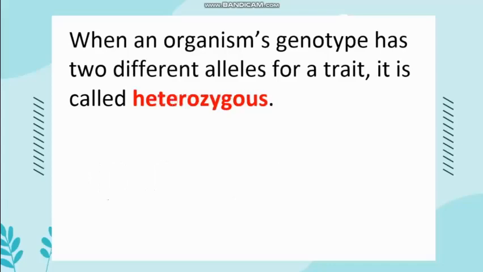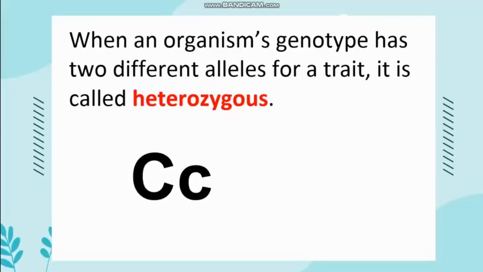When an organism's genotype has two different alleles for a trait, it is called heterozygous. So if you have the combination of the dominant allele and the recessive allele, you will have this as your genotype. It is called heterozygous, hetero meaning different.